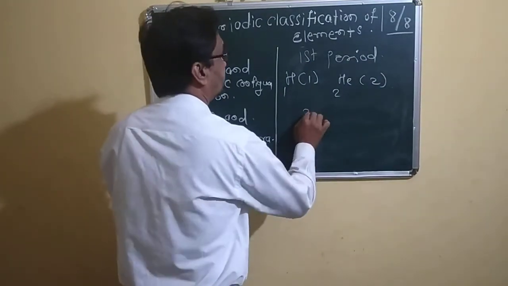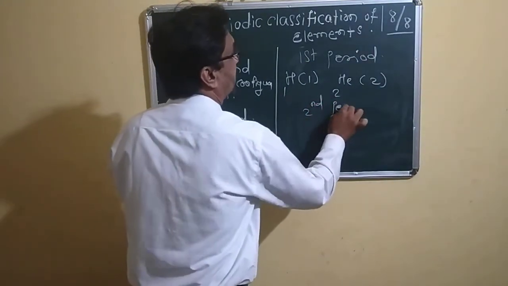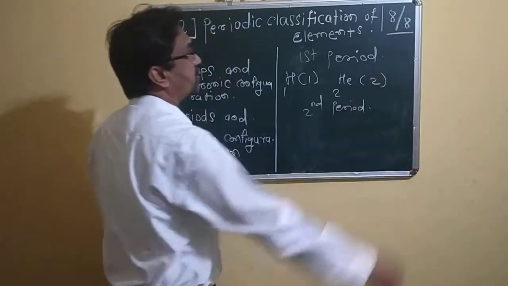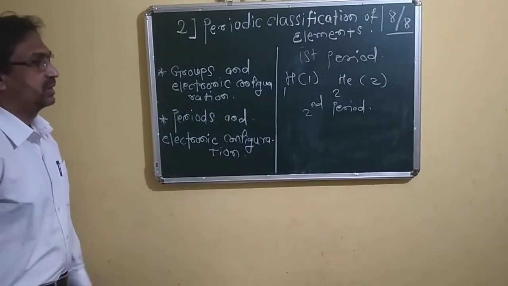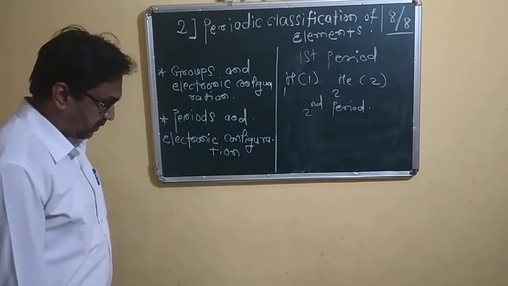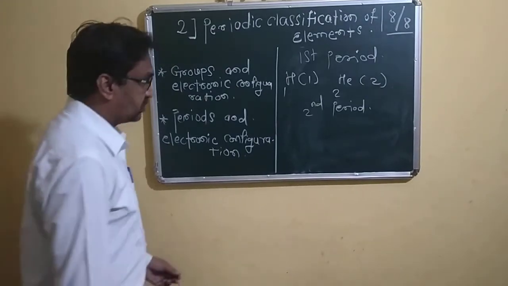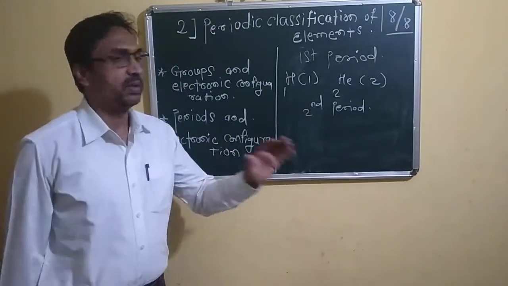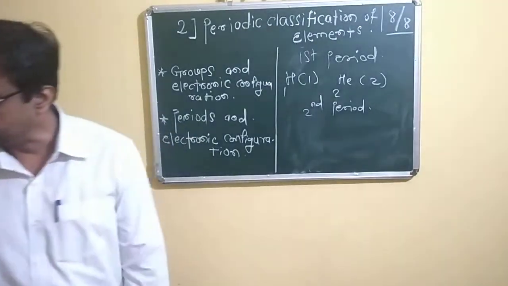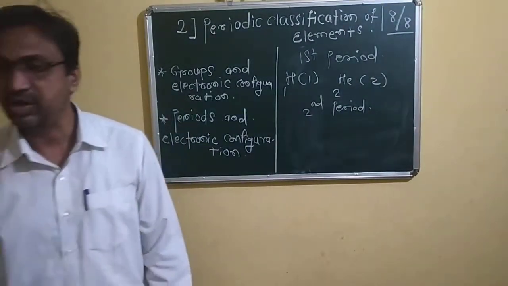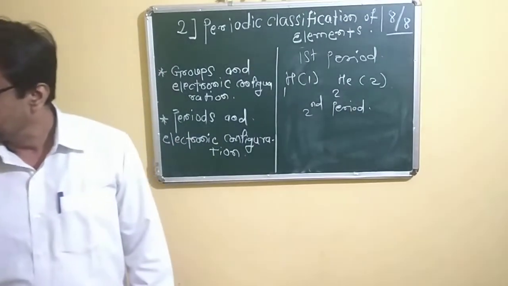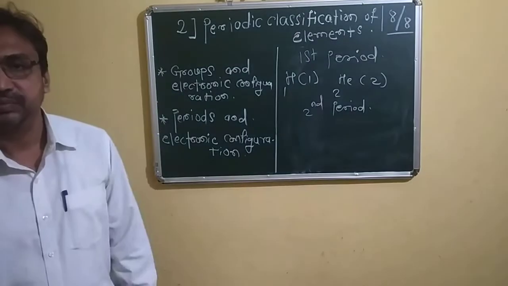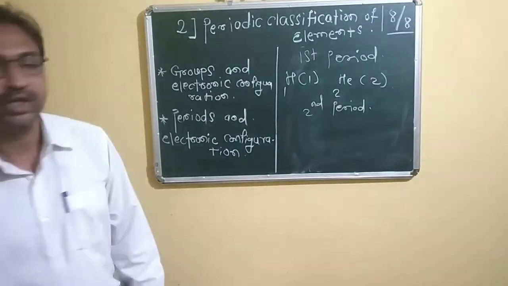Okay. In the second period, what you have to see? In the second period, 8 elements are there, starting from lithium, beryllium, boron, carbon, nitrogen, oxygen, fluorine, and neon.